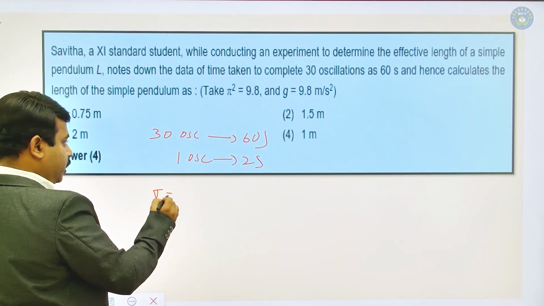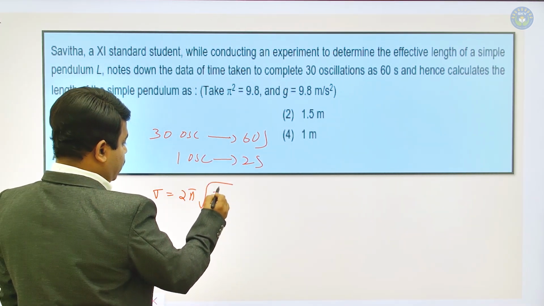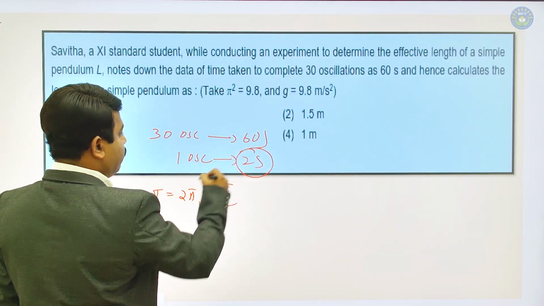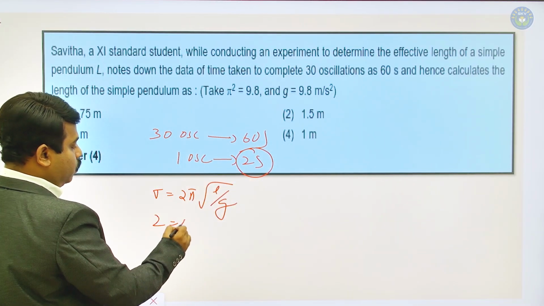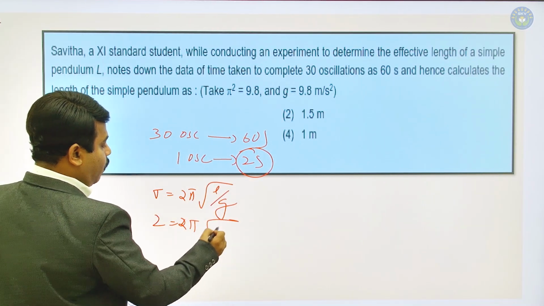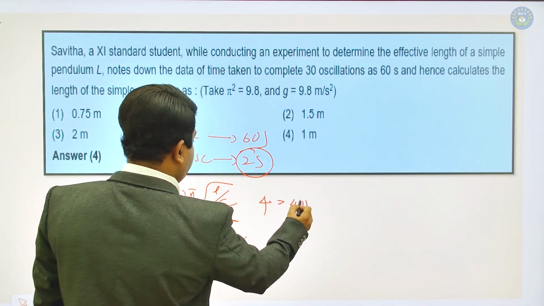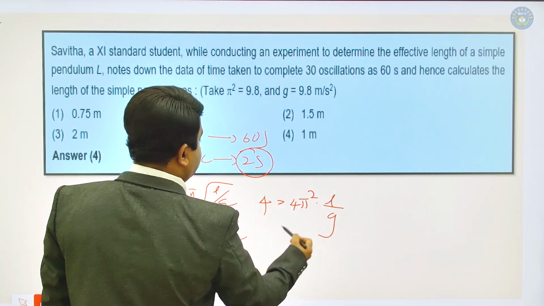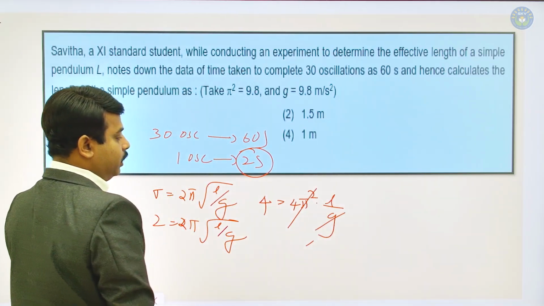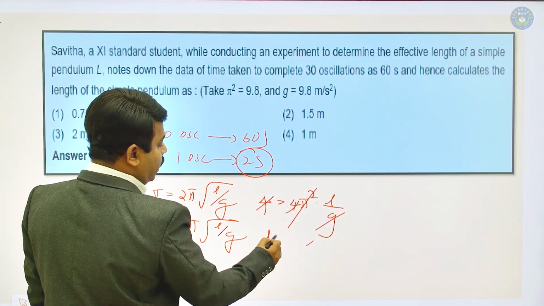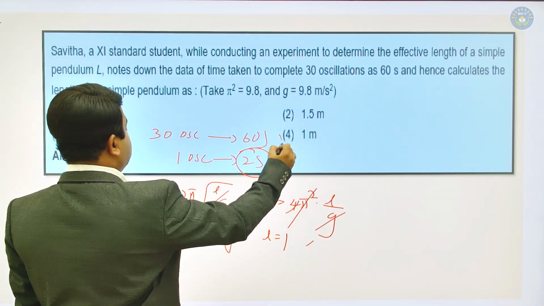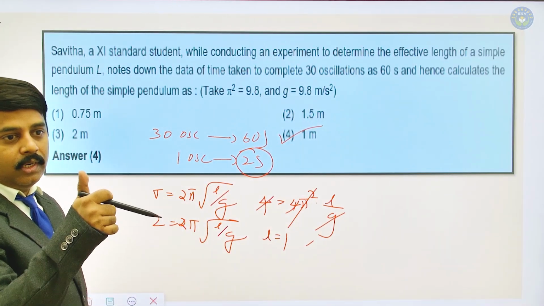What is the time period? 2 pi root L by g. One oscillation time is the time period. Then 2 pi root L by g. Now square both sides, that is 4 pi square into L by g. Pi square is approximately equal to g, and 4 cancels, L is equal to 1. Then option 4 is correct, right?